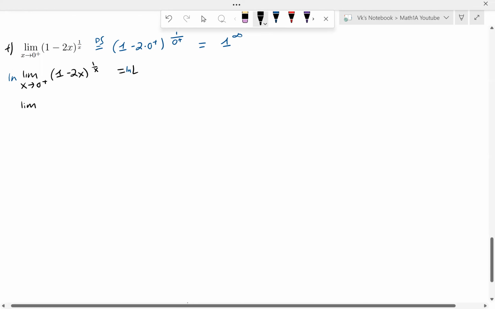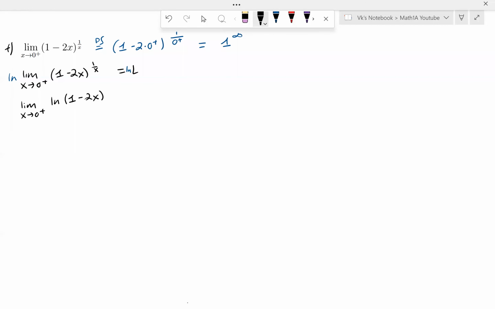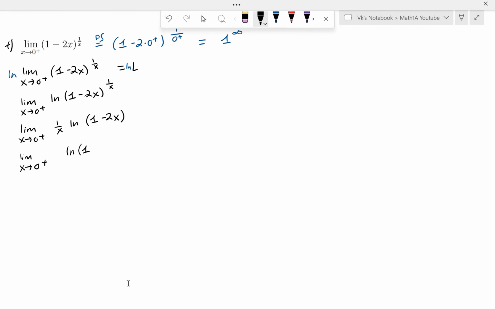So we can move the limit outside: limit as x goes to 0 of ln of 1 minus 2x to the 1 over x. On the right side, just ln L. Take care of that one later. Now we have the limit as x goes to 0 from the right side of 1 over x times ln of 1 minus 2x, and let's write this as a quotient: ln of 1 minus 2x over x.